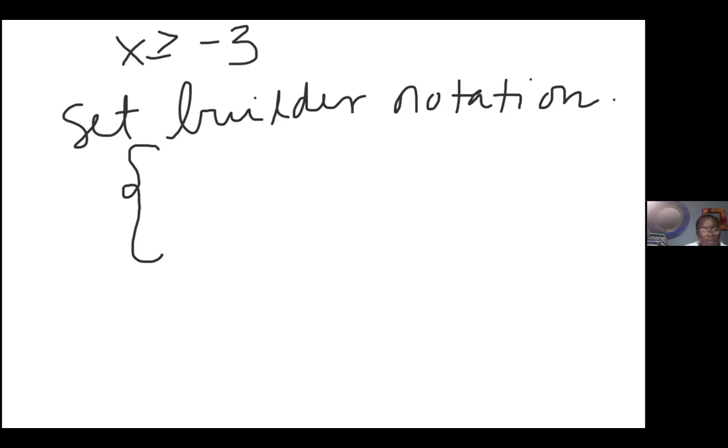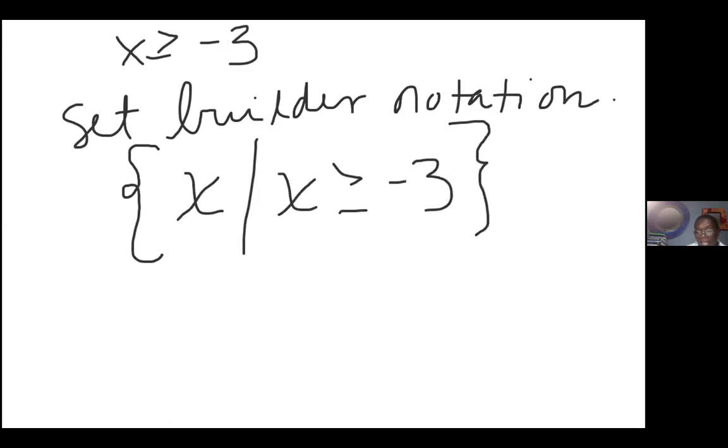So first, you start off with your set notation, identify the variable, in this case x, such that you want all x values that are greater than or equal to -3. That's it, guys. The set of all x's such that x is greater than or equal to -3. That's set builder notation, and this is the only time I'm mentioning it. You will see it, however, I'm not going to emphasize it.